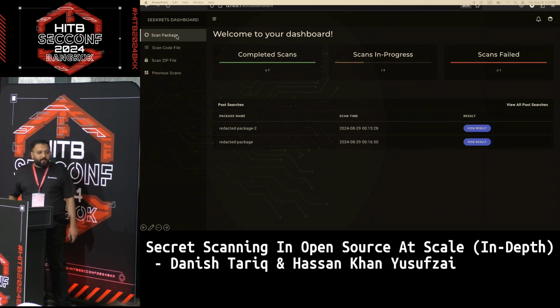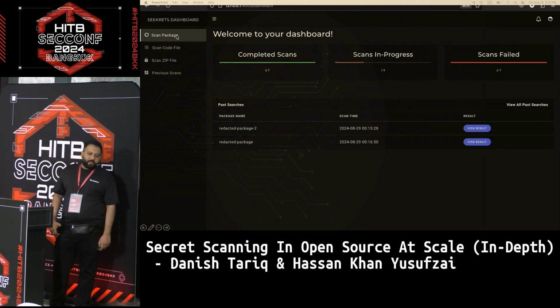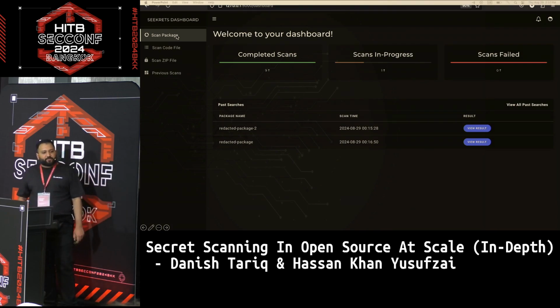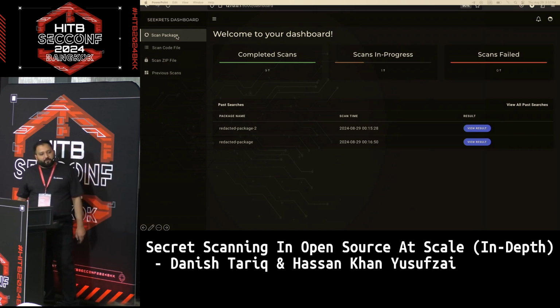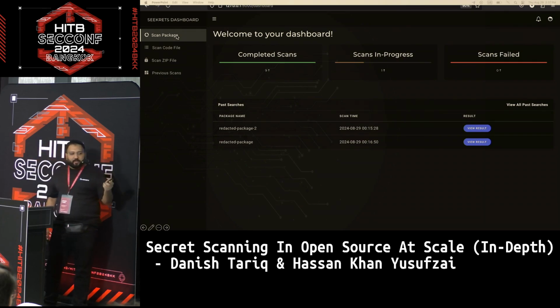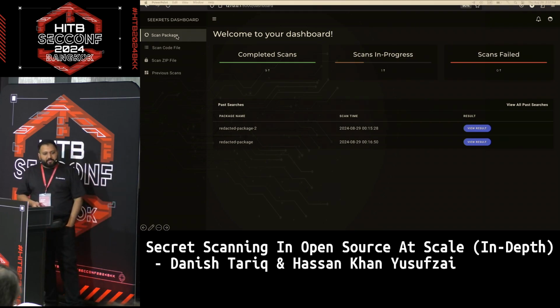We are also working on, it's mostly finalized, and we are going to release it soon, a small effort towards mitigation of these secrets. We are working on a platform in which you could scan packages, your code files, your zip folder to look for the secrets, in a similar way that we have done.